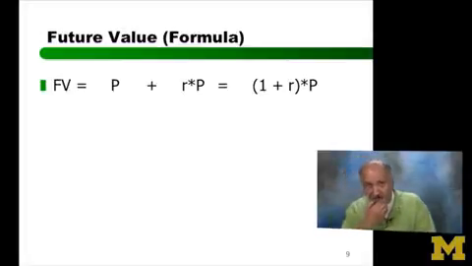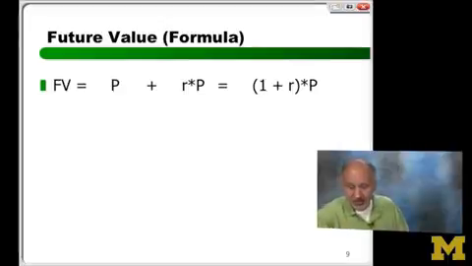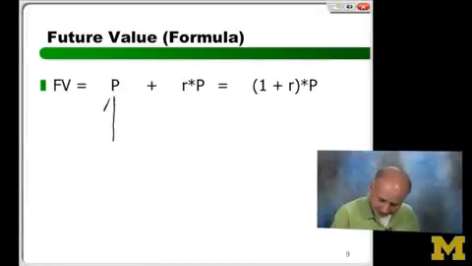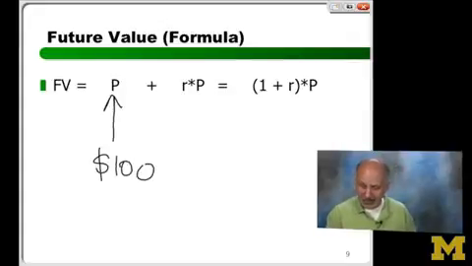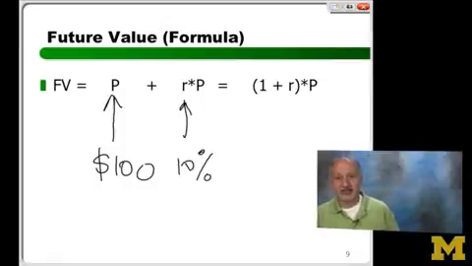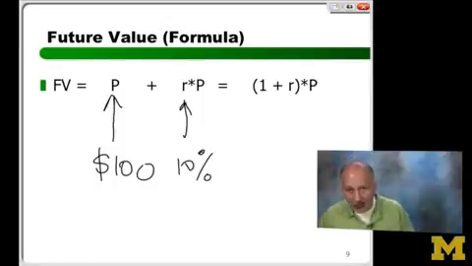So if I were to ask you, what is it related to the problem that we just did? So what is this P? P is your initial payment of $100. What is the R? R is the 10%. But the 10% is on what?